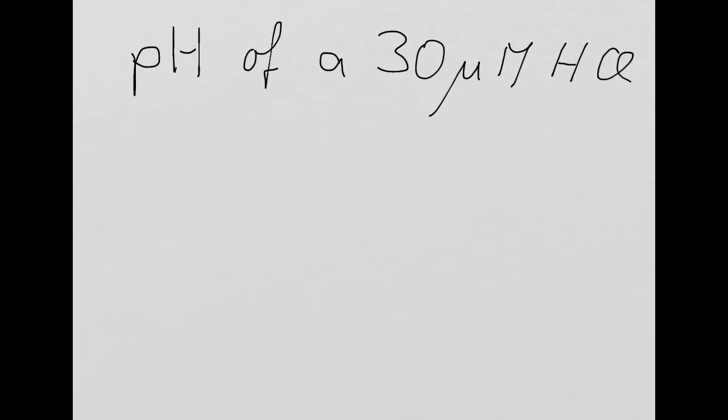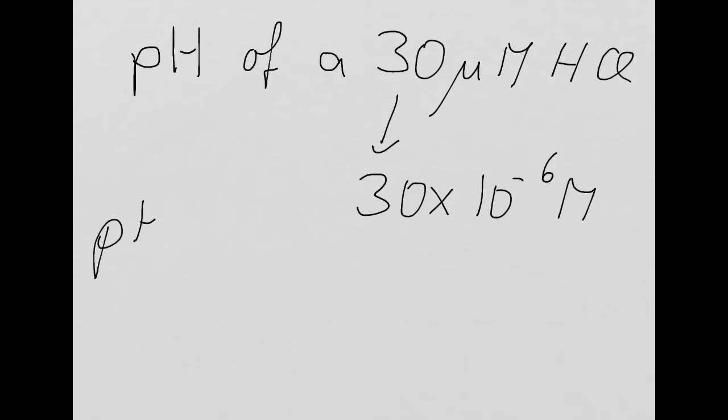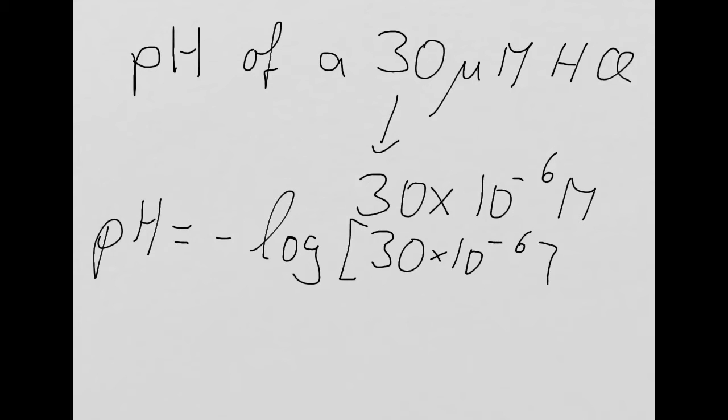You have to convert it to molar, exactly, because the pH calculation only works with molar. It doesn't work with micromolar. So you have to convert that into 30 times 10 to the minus 6 molar. So pH equals minus log of 30 times 10 to the minus 6. That's our proton concentration. And when you do that, what does that give you?